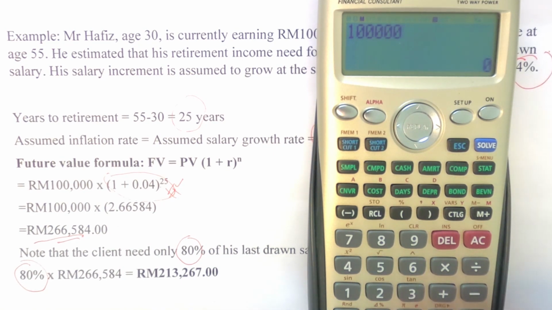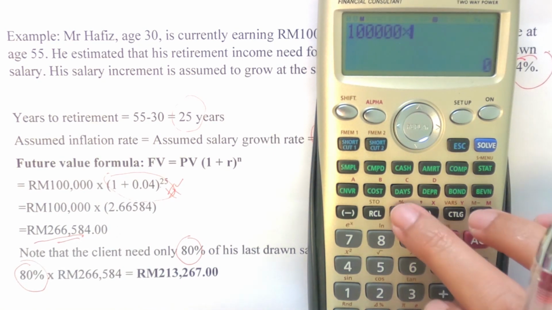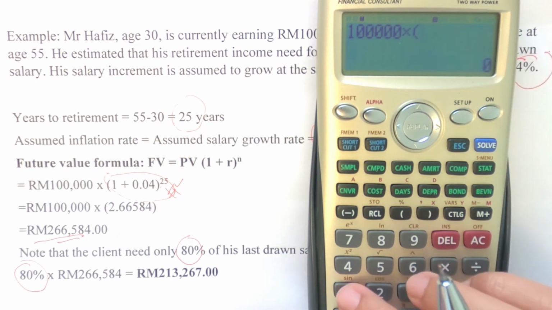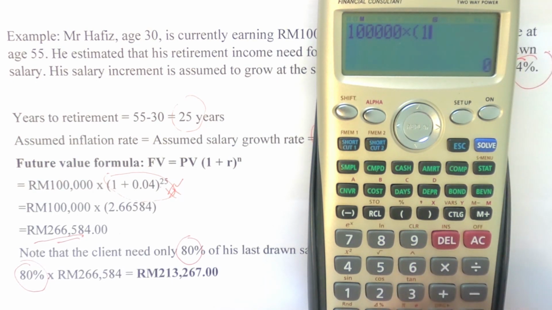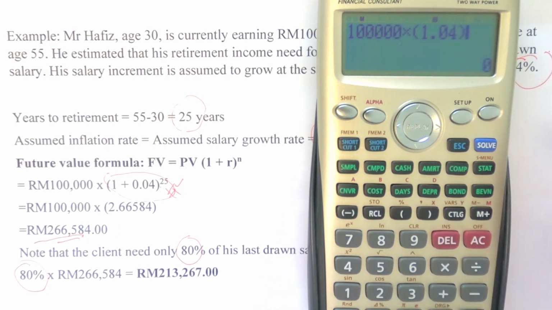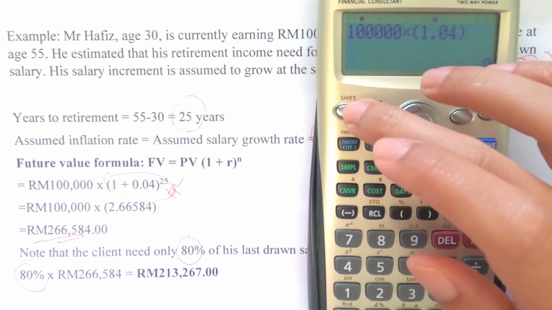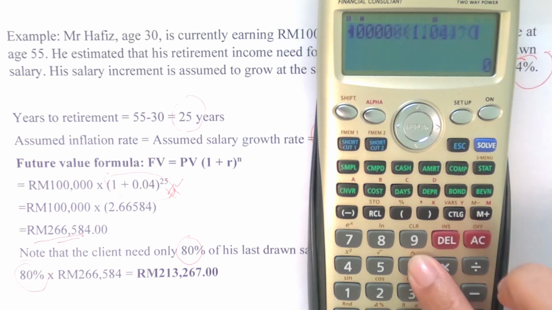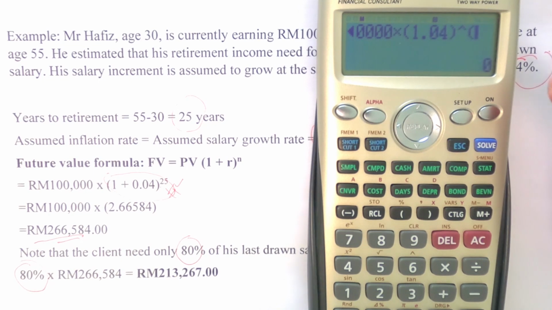So 100,000 times, you make a bracket like this, 1.04, close the bracket, and you go to shift 6, for us to set the power.